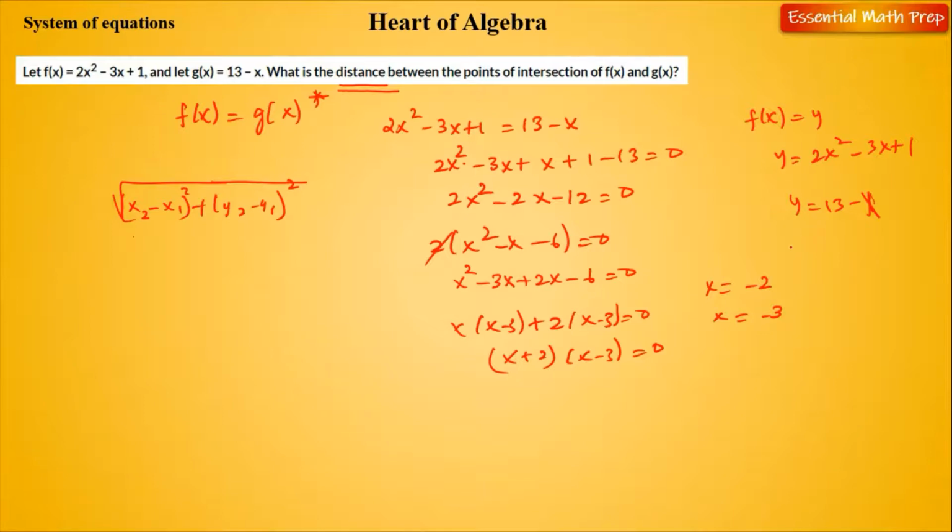So if you substitute x as minus 2, y equals 13 plus 2, which is 15. So if x is minus 2, y is 15. This is, say, x1, y1.